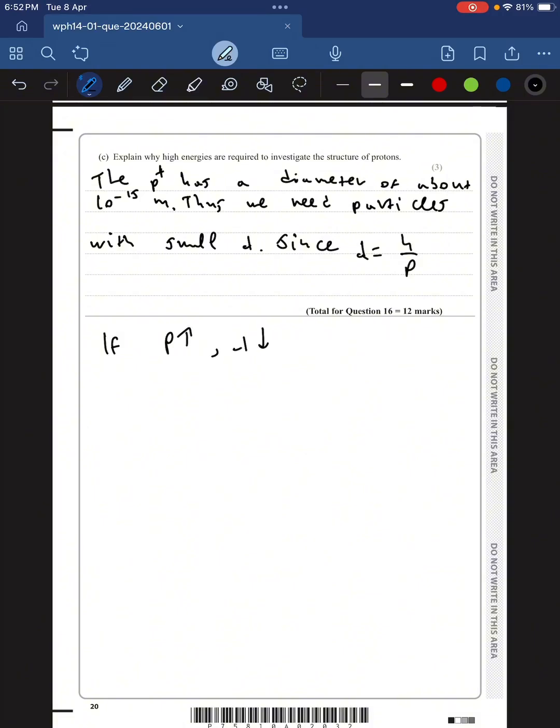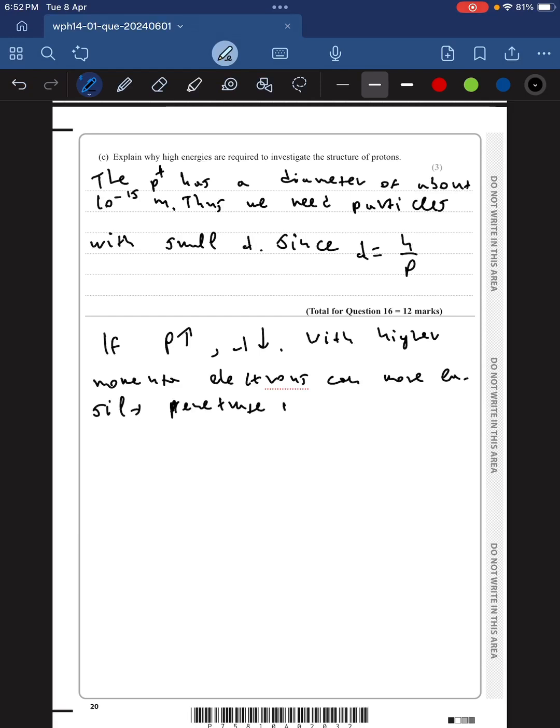So with higher momenta, electrons can more easily penetrate the proton and transfer momentum. And that's the answer. All right.